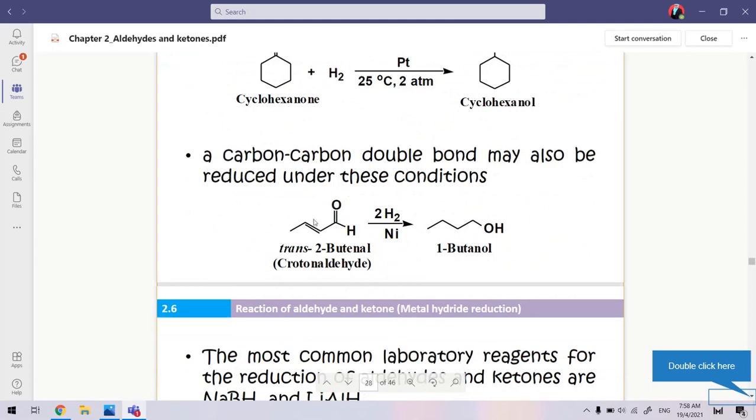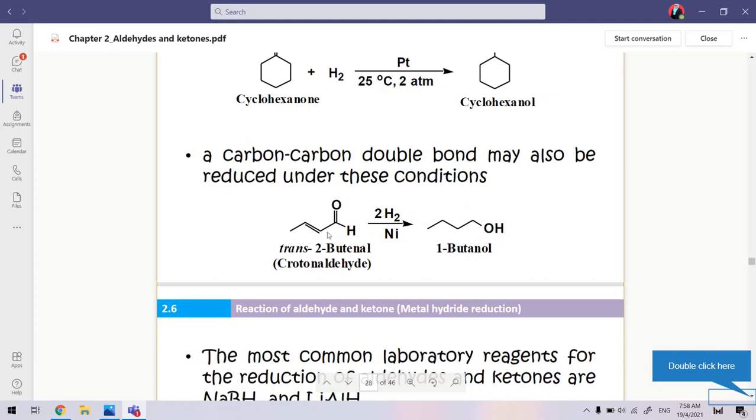And if we have two functional groups in the structure, which are a double bond and a carbonyl, and you react with 2 moles of hydrogen in the presence of nickel as catalyst, 1 mole of hydrogen will reduce this part to produce OH.